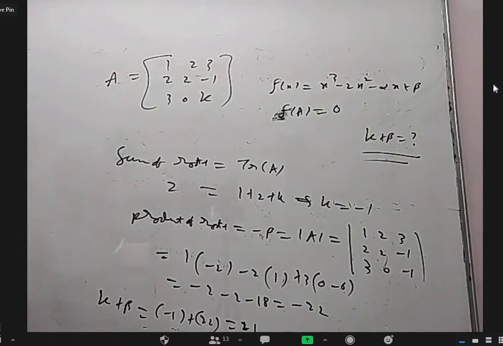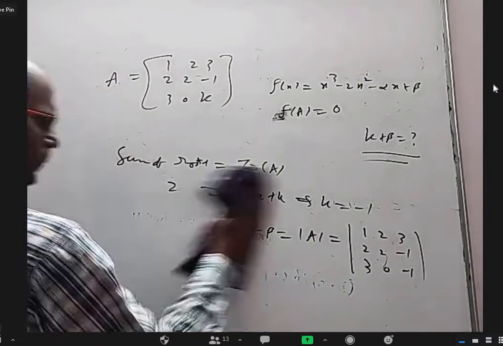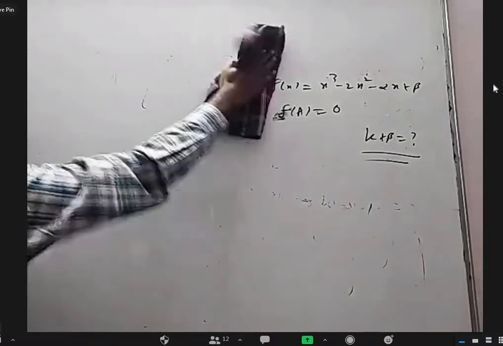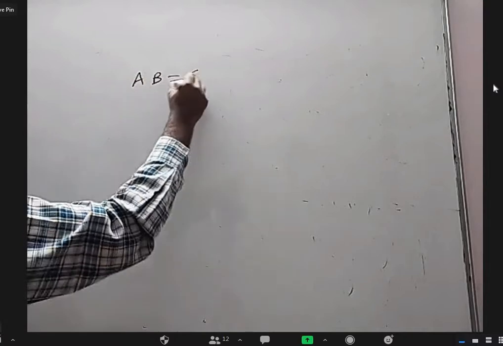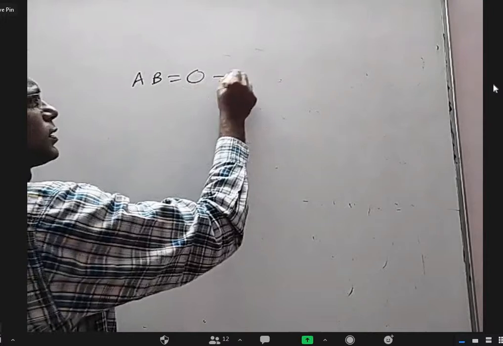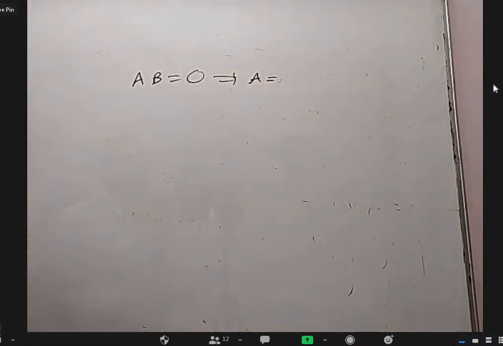Okay. Just a little more I want to tell about matrices and determinants. Whenever the AB product is a null matrix, everybody knows it does not imply that A should be a null matrix or B should be a null matrix.